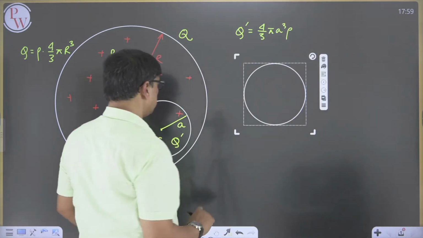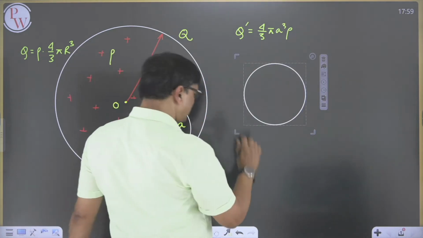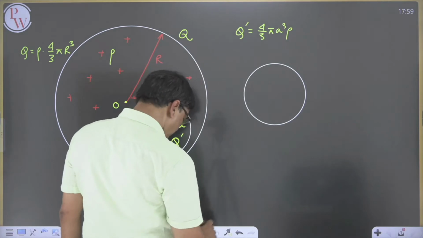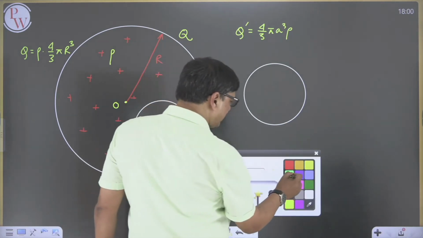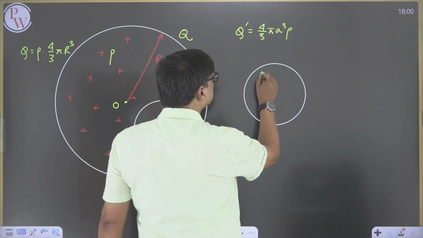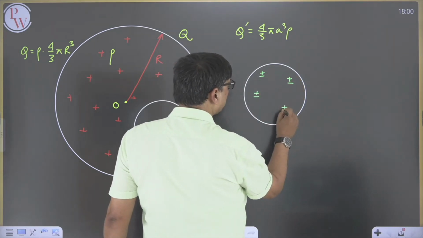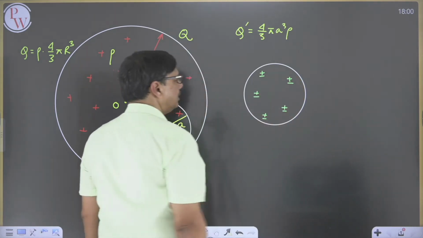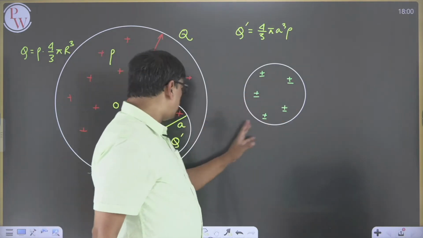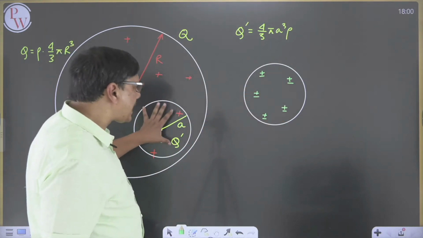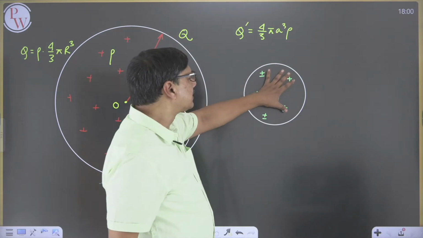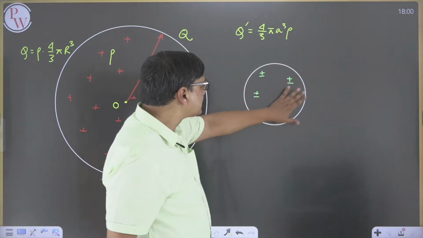So basically this cavity portion includes no charge. If we consider that Q dash portion of charge, we may think of it in a different way, that there will be this Q dash quantity of charge which is as a whole a neutral portion. No charge, because this is a blank space, so this can be thought of as neutral.